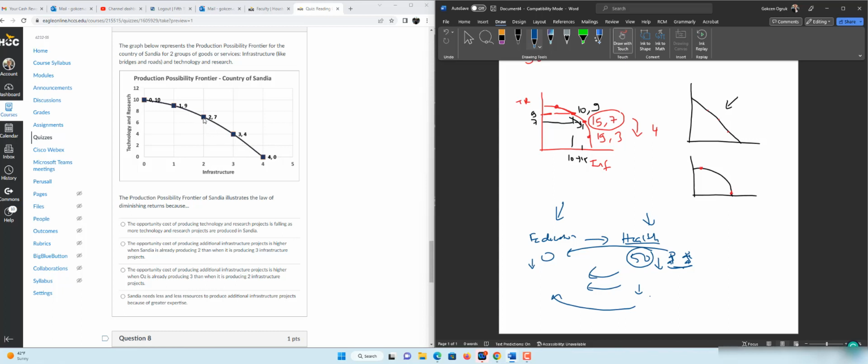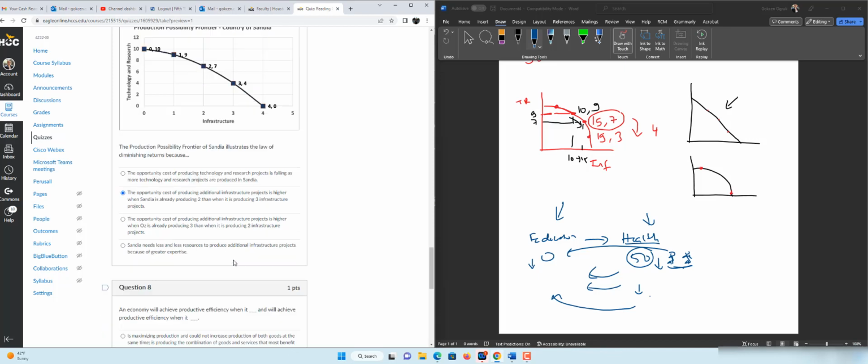When Sandia is producing 2 and moves to 3, then Sandia needs to give up 3 technology projects. As you see, the opportunity cost of producing additional infrastructure projects is higher when Sandia is already producing 3 units than when it's producing 2 units. 3 to 4, you give up 4 technology, 2 to 3, you give up 3 technology projects. So that's the correct answer.